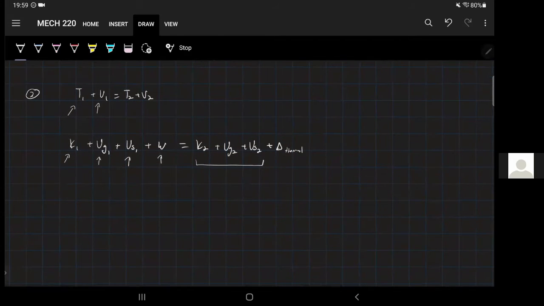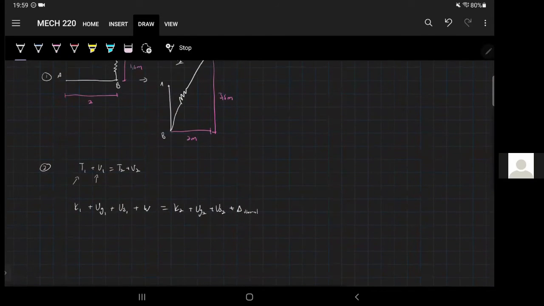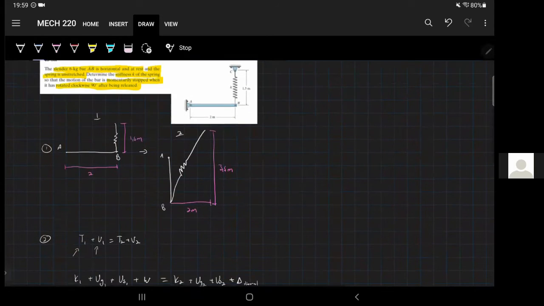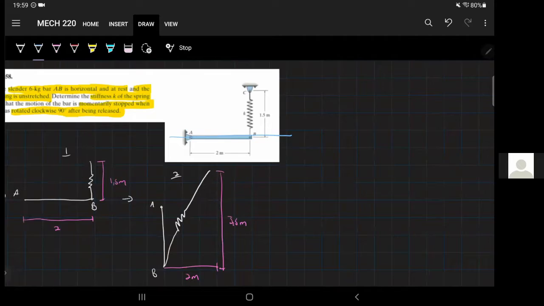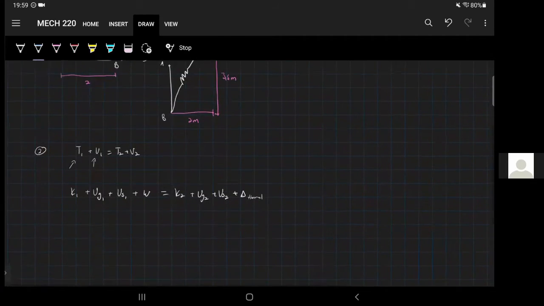So if we had to consider it, this would be how it goes, right? But for our case here, we would want to make it easy on us, right? So the first thing to do is place our reference point, which I'll choose to put like this here, so I don't have to take into account the potential energy at the first state.